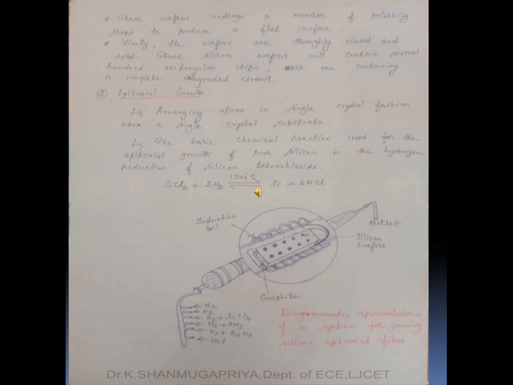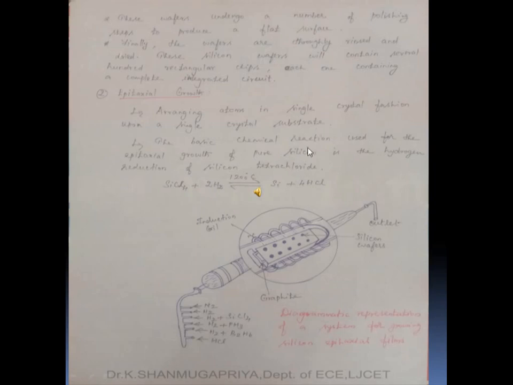Now the next step is epitaxial growth. The word epitaxy is derived from the Greek word epi, meaning upon. So, epitaxy is arranging atoms in single crystal fashion upon a single crystal substrate.